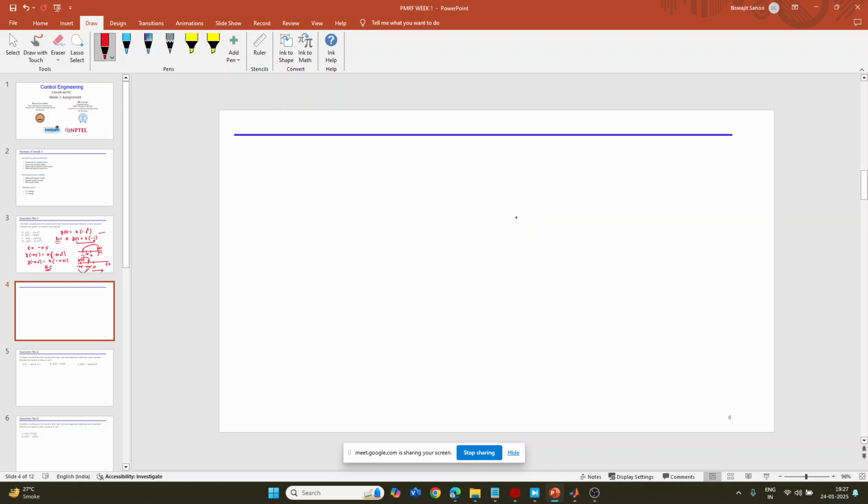Now do the same thing and tell me whether it is a causal system or a non-causal system. Take a number line system, take 2-3 points, one below 0 and one above 0, and do this question.